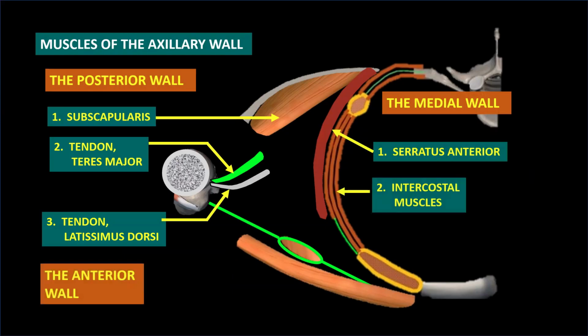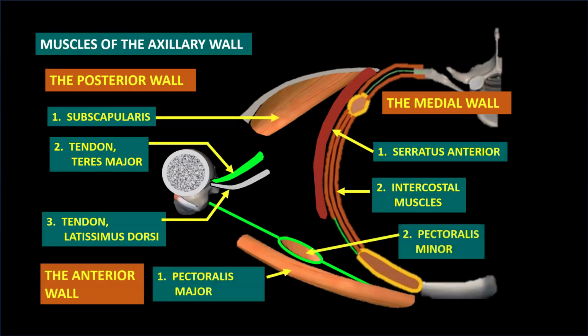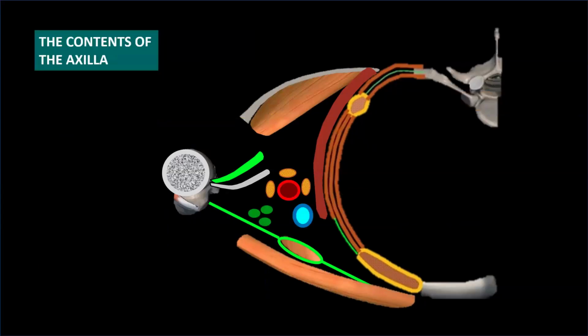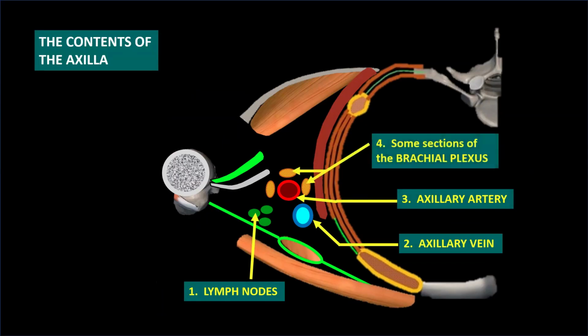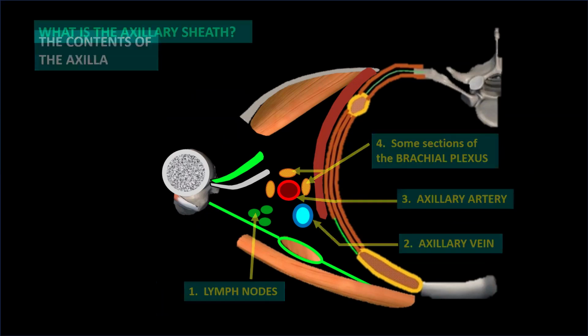The anterior wall. 1. The pectoralis major. 2. The pectoralis minor. The contents of the axilla are as follows. 1. The lymph nodes. 2. The axillary vein. 3. The axillary artery. 4. Some sections of the brachial plexus.